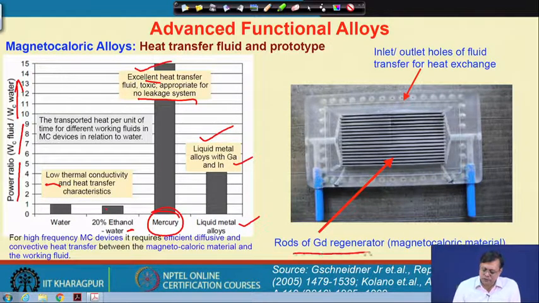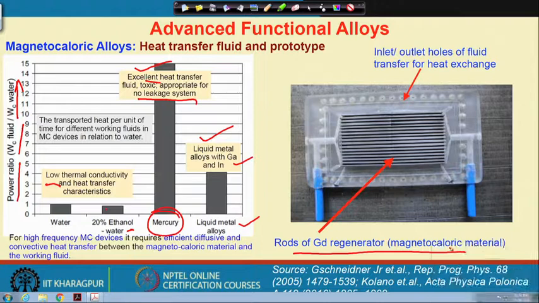Here I show you one such regenerator, which is made of pure gadolinium. Here multiple gadolinium plates are stacked, so that the fluid flows through them, and there is a larger contact area between the fluid and the plates, so that proper heat transfer can occur.